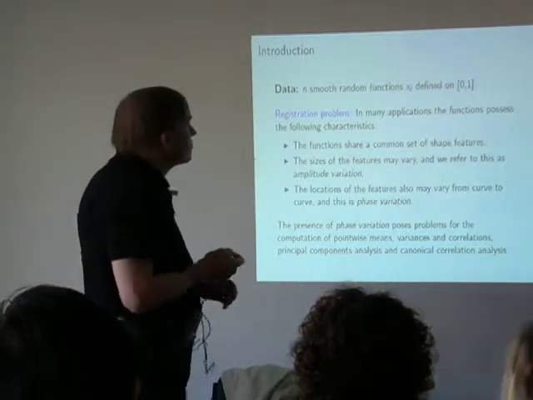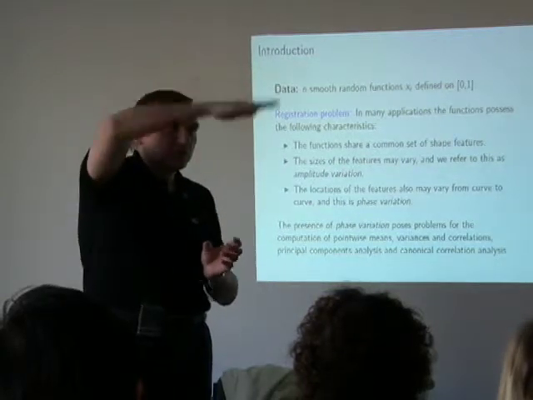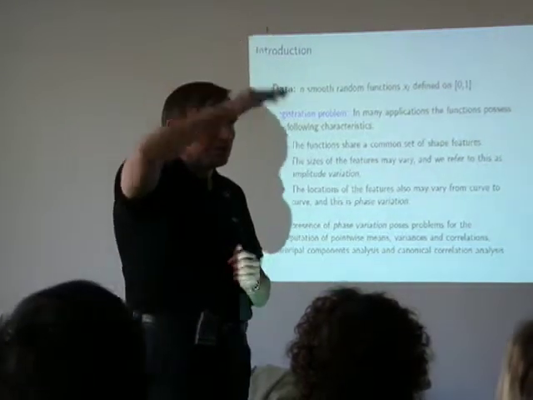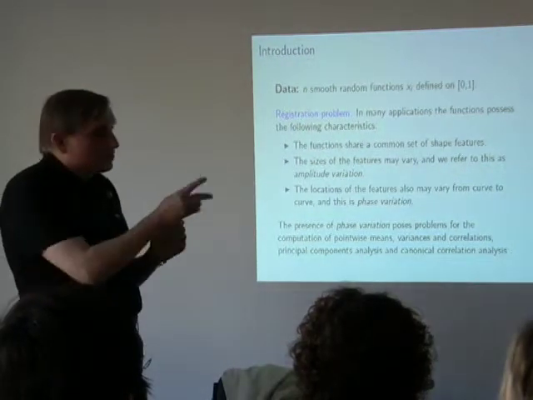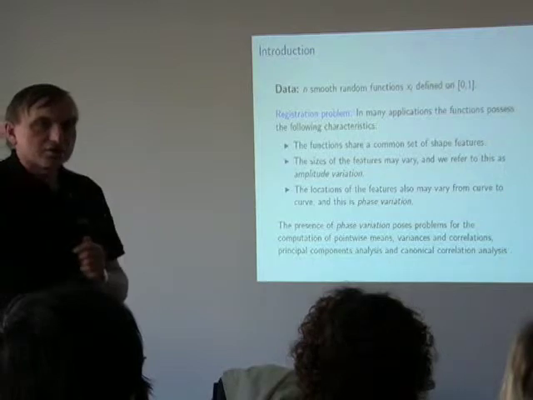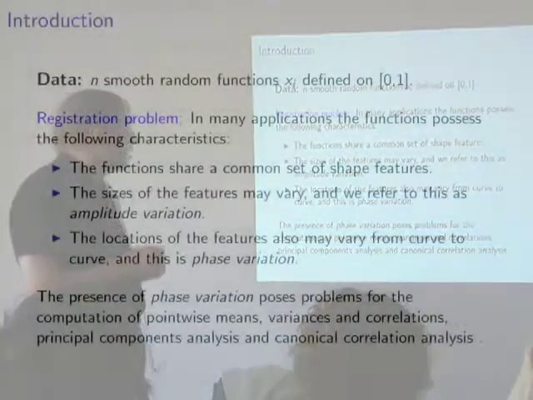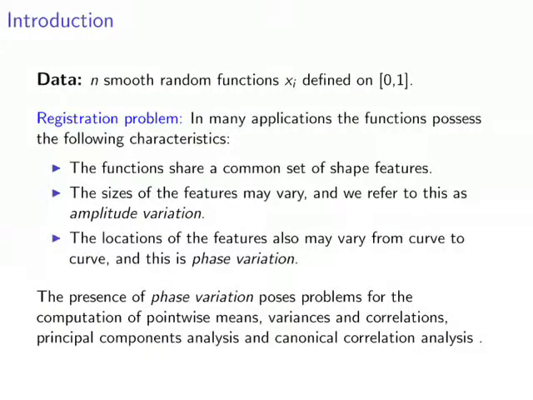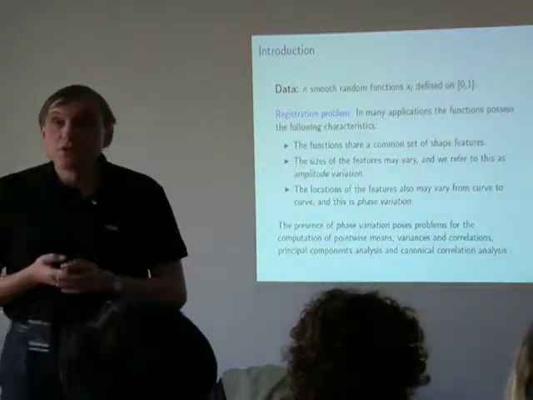And so for curves you have variation in this amplitude, in this vertical direction, that peaks are different in height, for example, but also that they are shifted in a horizontal direction, that they vary in location. And the presence of phase variation poses problems for the computation of pointwise mean, variance, correlations and everything that's usually done. For example, principal components, but also the mean. Already the mean is a problem.